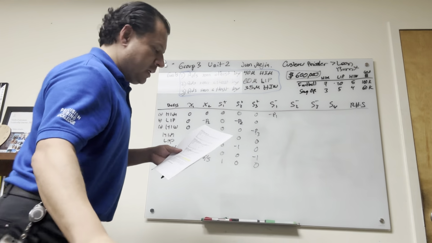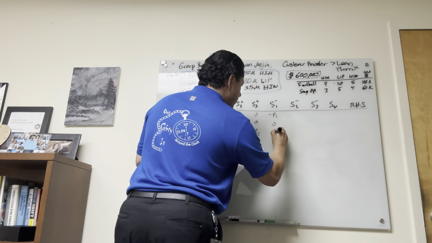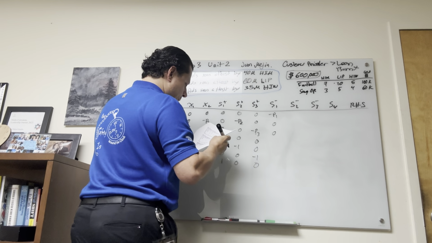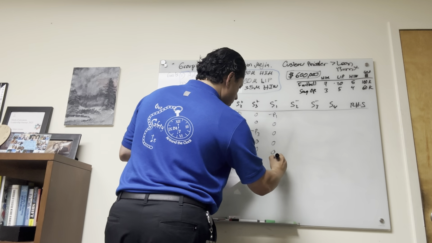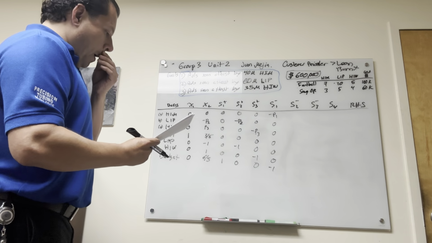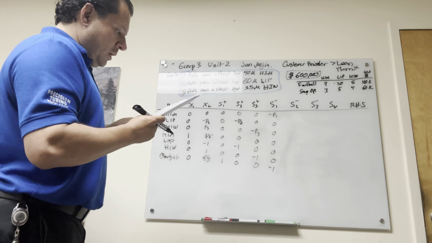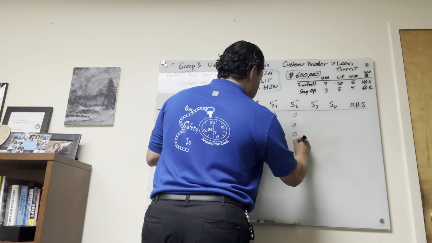Let me rewrite this again, because after the second transformation, all these went down to 0, 0, 0, 0, 0, and -1. That's what was expected. Under S2 negative, we have all these zeros.